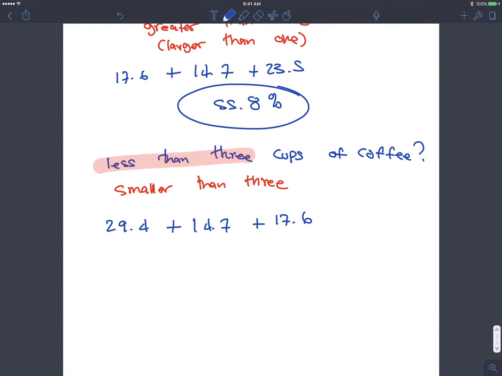We're going to add those percentages, and we end up with 61.7% of the sample drinking less than 3 cups of coffee per day.